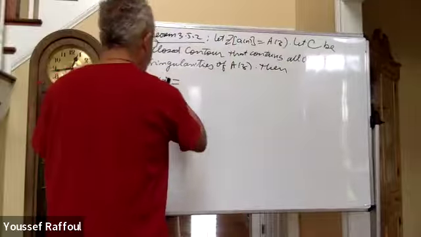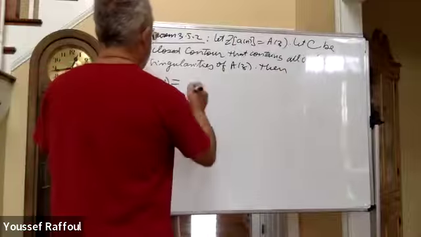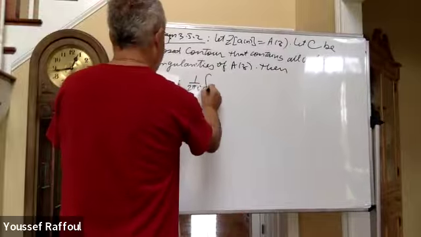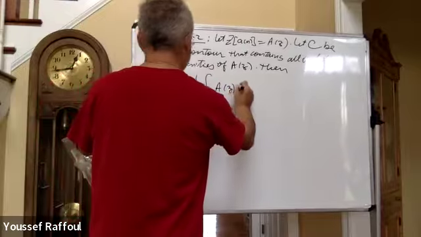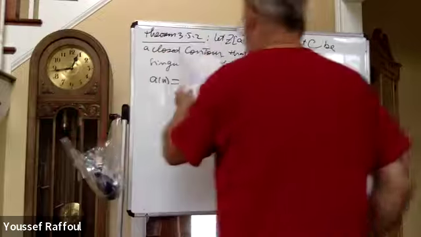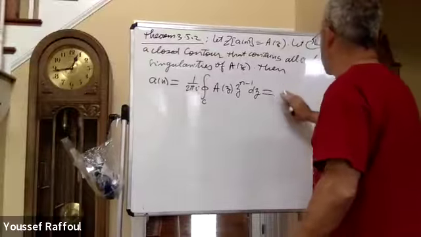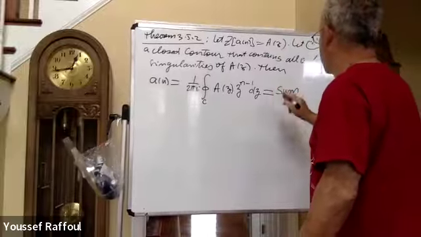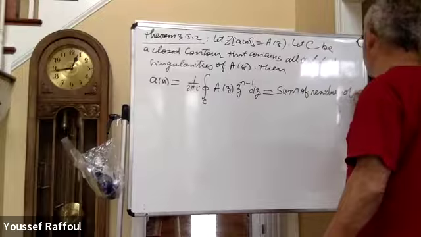a n, this is the sequence that we're trying to do the z inverse of, is 1 over 2 pi i, the line integral of a z times z to the n minus 1 dz, and that is the sum of the residues of a z.